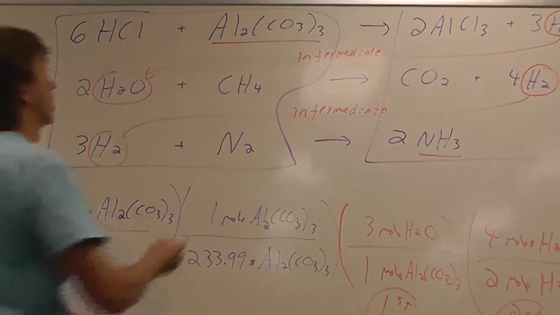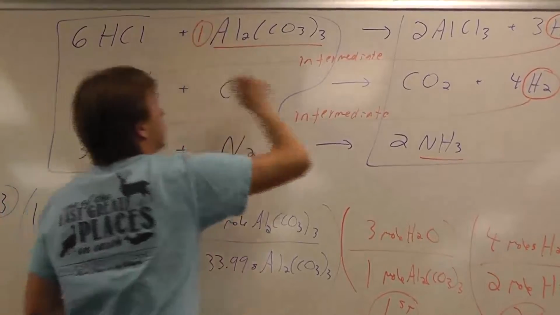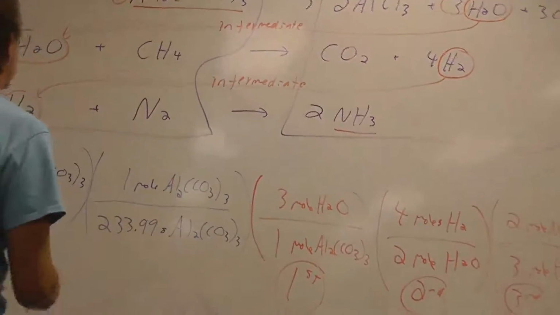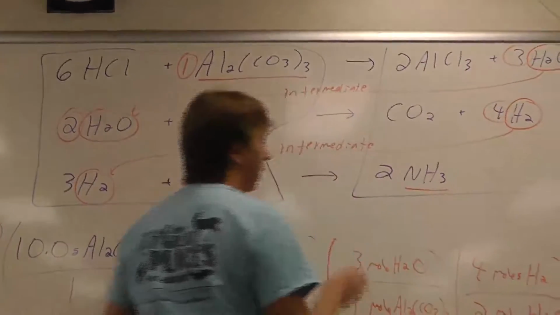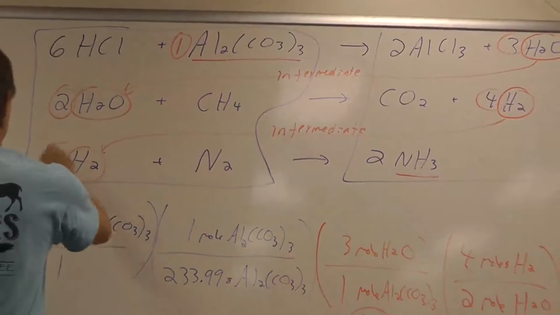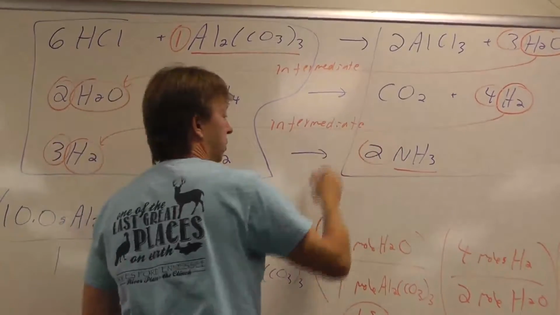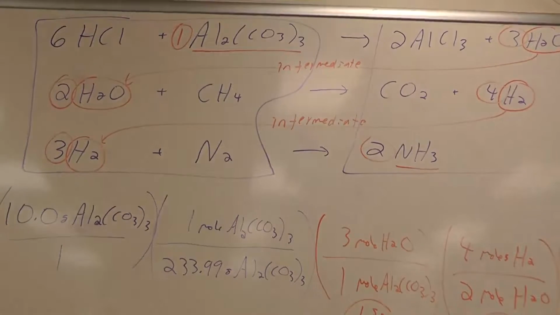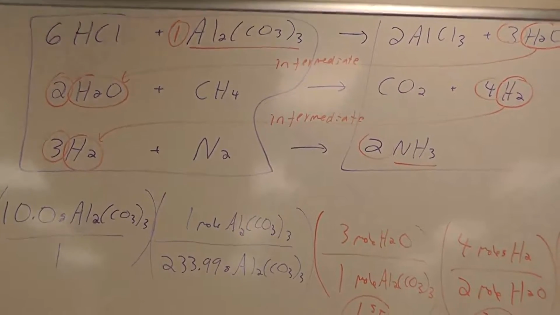So what we're using is 1 to 3 as the first term, 2 to 4 as the second term, and 3 to 2 as the third term. You've got to be consistent and only pull out of the one reaction. Because those proportions lose meaning if you get them out of context.